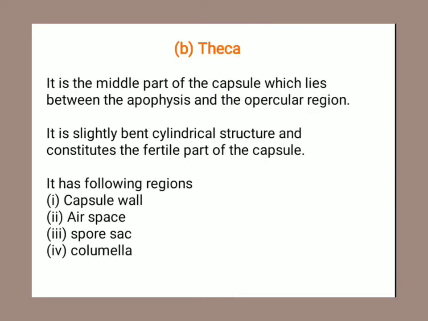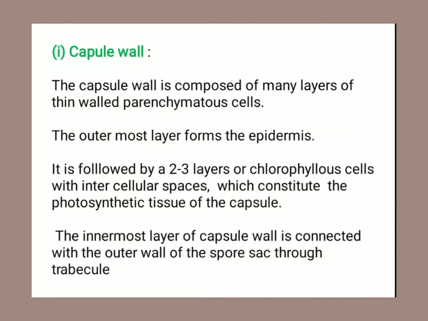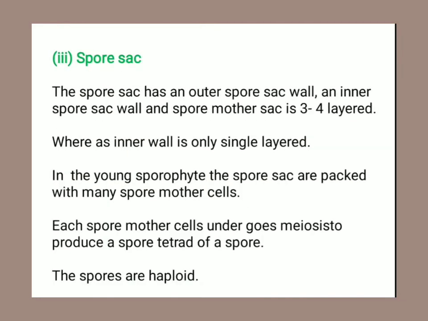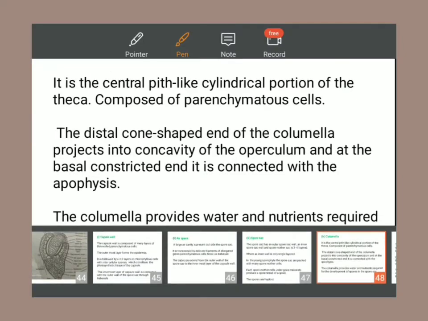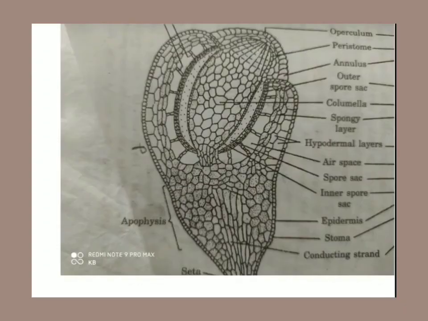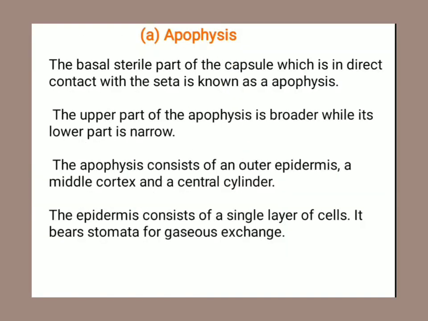First is the apophysis, second is the theca, and third is the operculum. The operculum is the outermost part, the theca is the middle part, and the apophysis is the lower sterile portion.